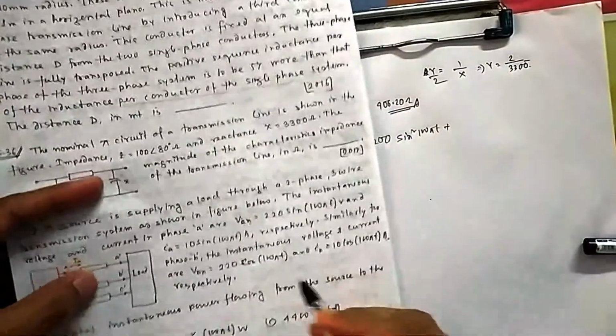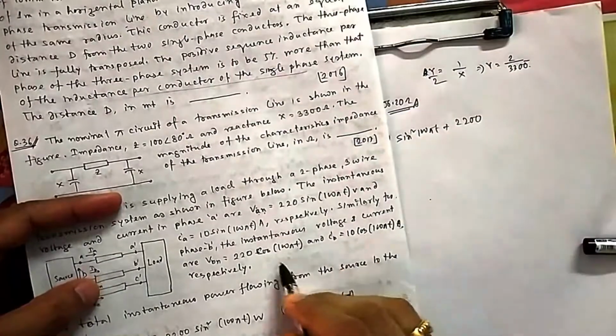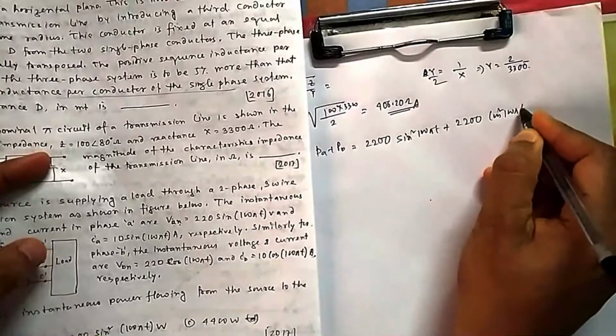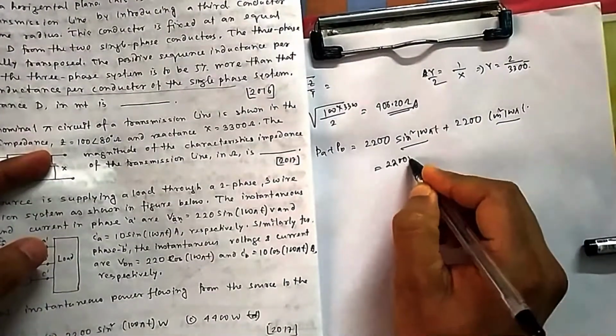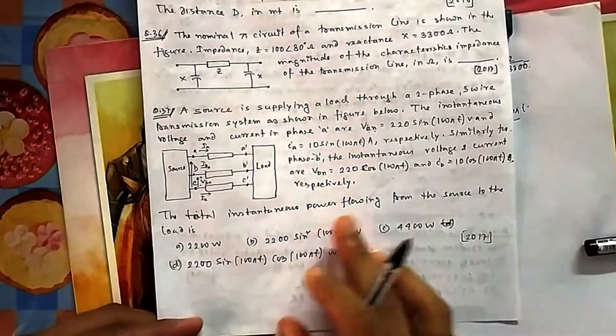Then pb will be this into this, so it will be again 2200 cos square 100 pi t. Now if you take 2200 common, it is sin square theta plus cos square theta, that becomes 1. So it will be fixed. The instantaneous power is a constant power, which is 2200. So it is not changing if the current and voltage are in this fashion. So that is your option A.